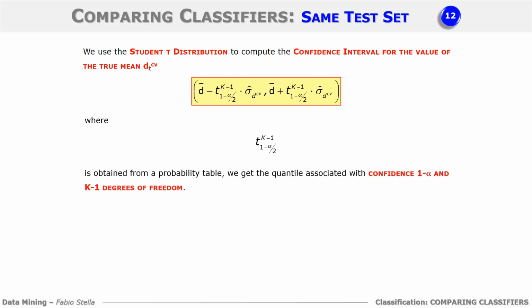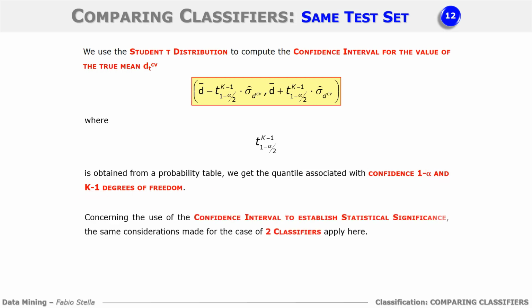Indeed, this term is obtained from the probability table of the student t distribution with confidence equal to 1 minus alpha or significance equal to alpha and with K minus 1 degrees of freedom.